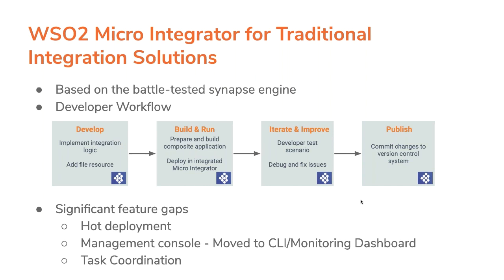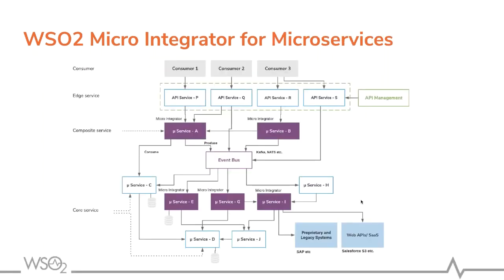That means you will be expecting a single task to be scheduled only in one node. But this is something that we are missing in the micro integrator, and we are expecting this to be included in the next release of the WSO2 micro integrator. So that is about how the micro integrator fits into the world of ESB.